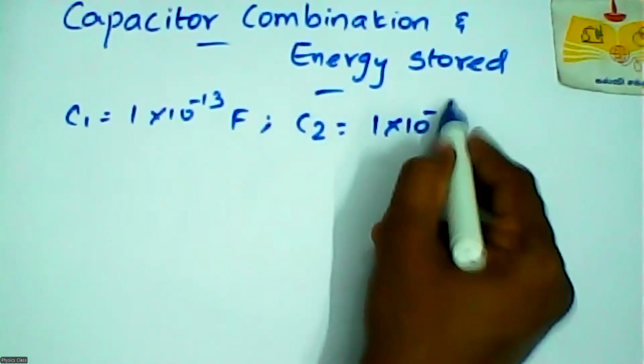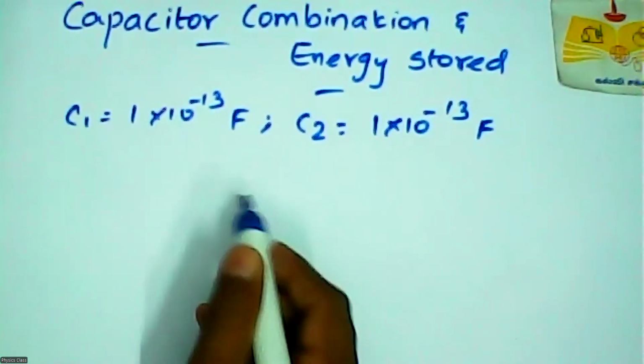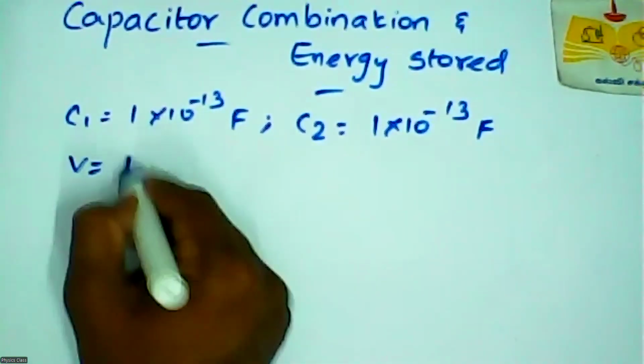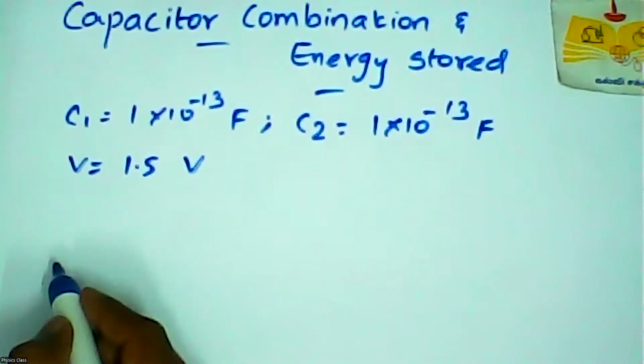We can change the value, for example 2 or 3 like that. For simplicity, I will take 1. Okay, right. So V is equal to 1.5 volt.